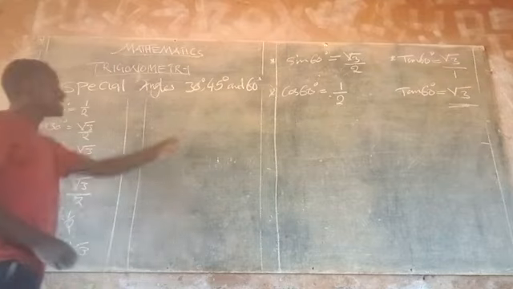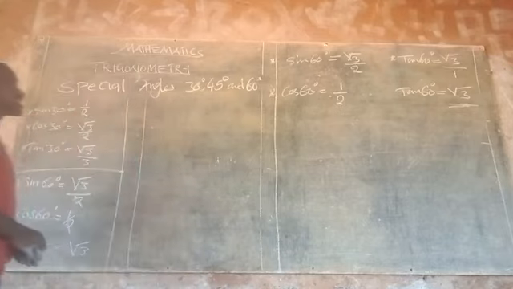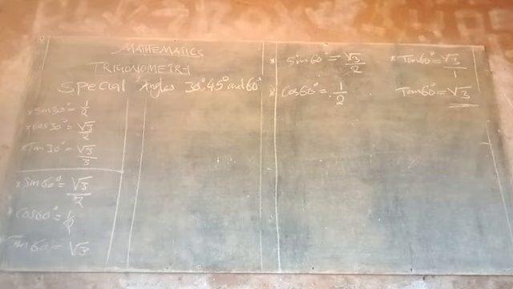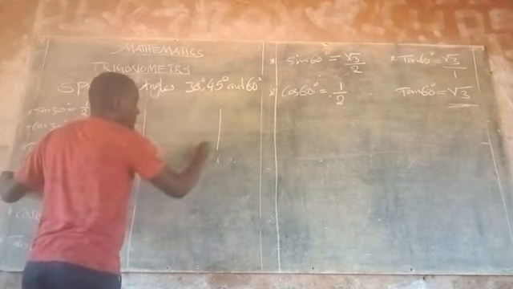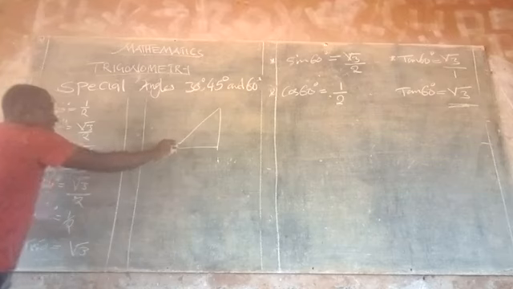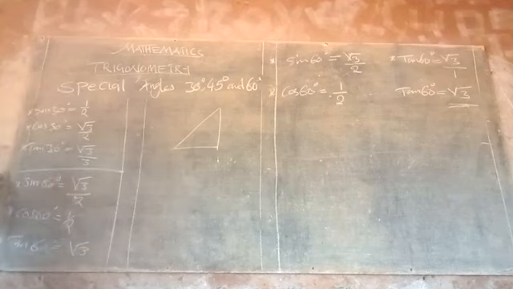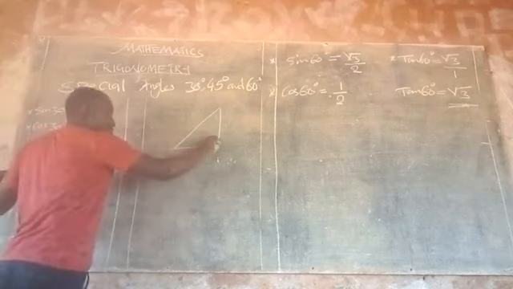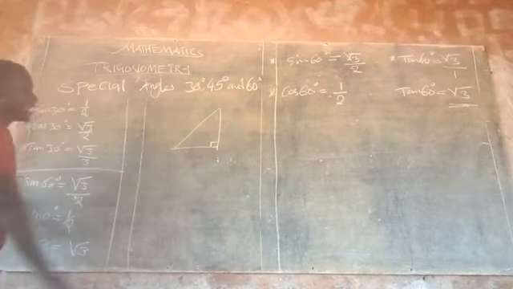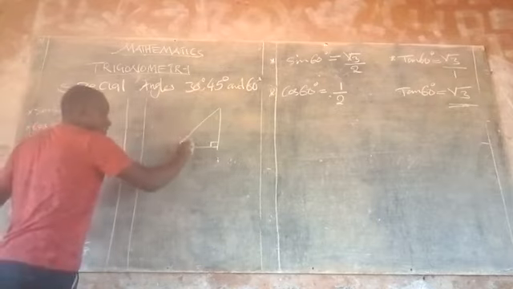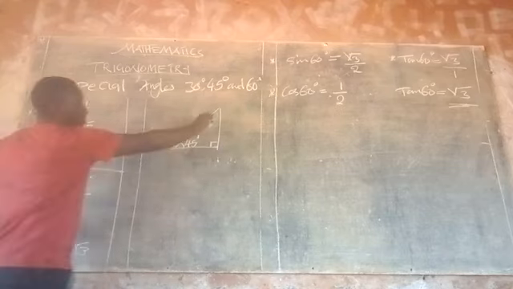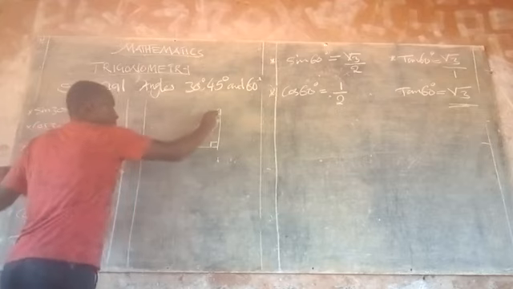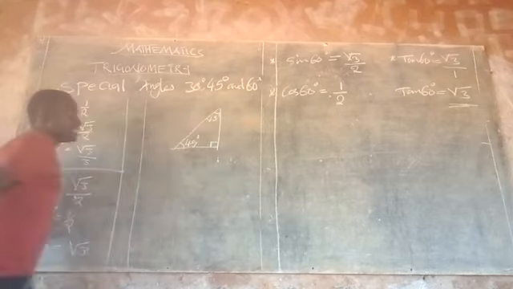Now let's look at 45 degrees. Let's say this is my right triangle, and let this be my 90 degrees. If this is 45 degrees, then I know that this one also will be 45 degrees.